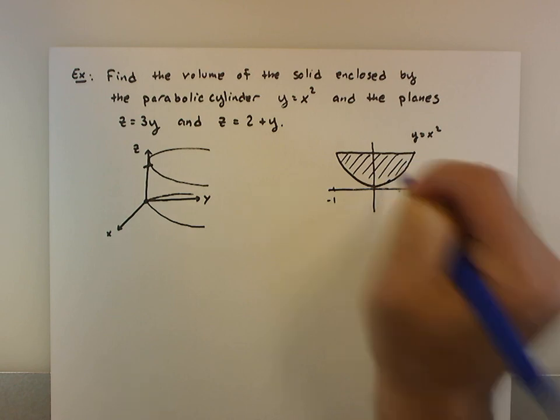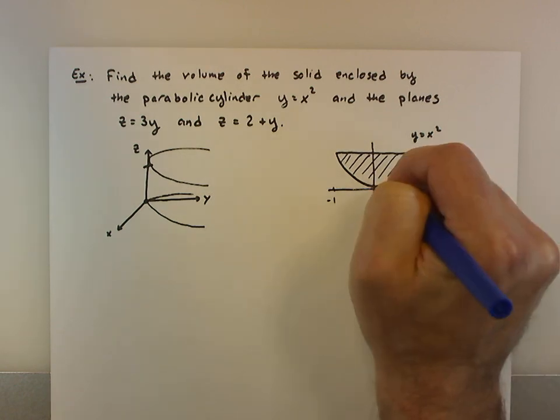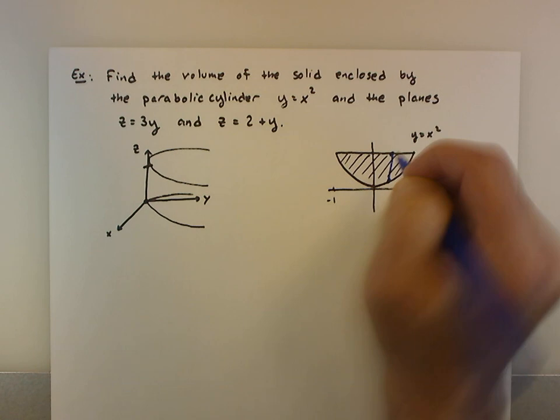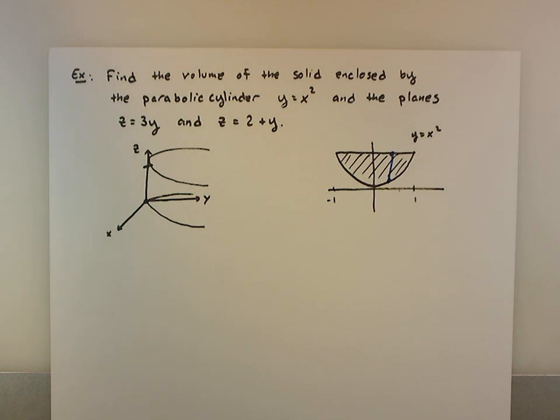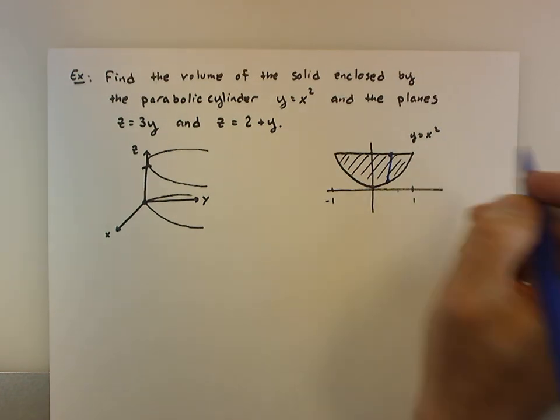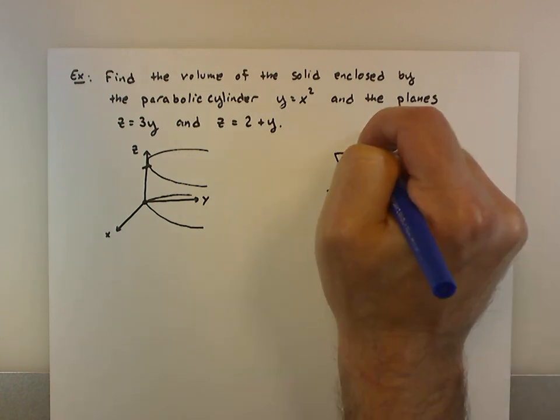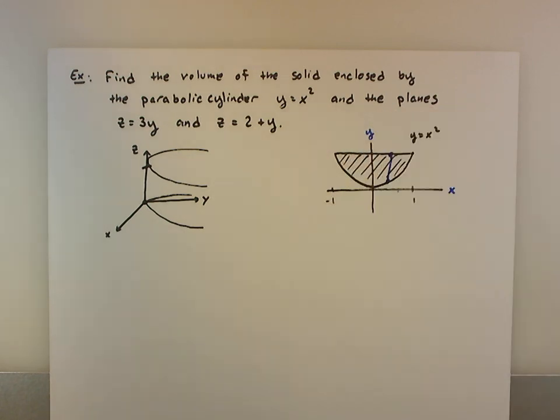If I integrate dy dx, so from the bottom up, this is x, this is y. To find the region of integration, I need to find out where the two planes intersect.